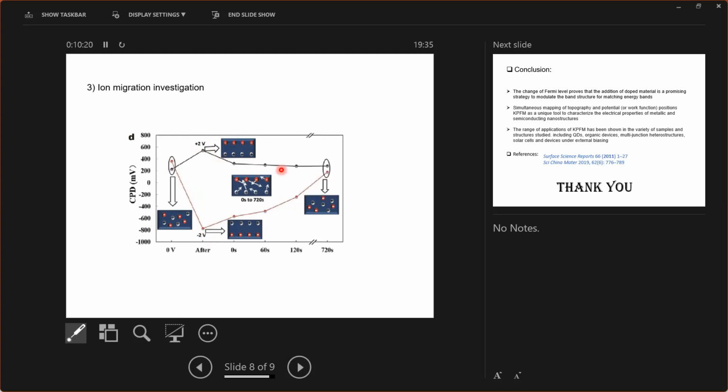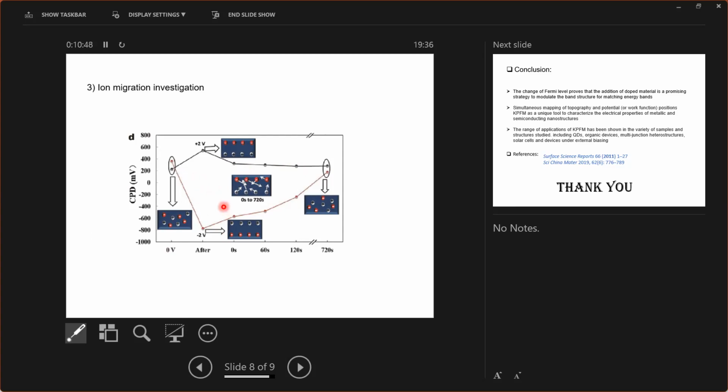Then they took the KPFM measurement at different times. We can see that electrons and holes are moving and combining with each other and coming back to the initial phase after 720 seconds. In this measurement one can identify from which position to which direction the electrons and holes are moving, from positive bias to negative bias.